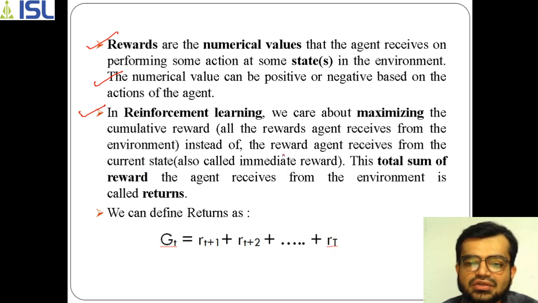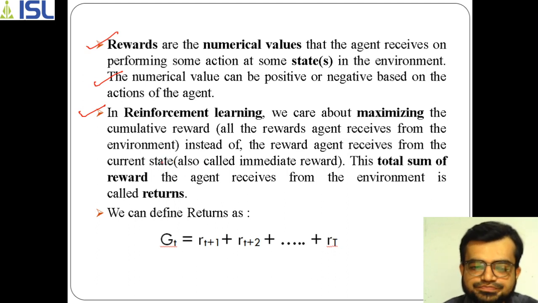So the total sum of rewards the agent receives is called the return. For example, R of t plus 1 is the reward you get when moving from state t to t plus 1. R of t plus 2 is the reward the agent gets when moving from state t plus 1 to t plus 2, and so on, until it gets a reward at the final state.